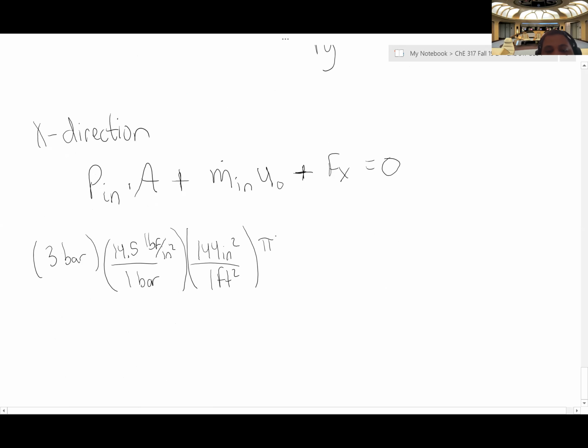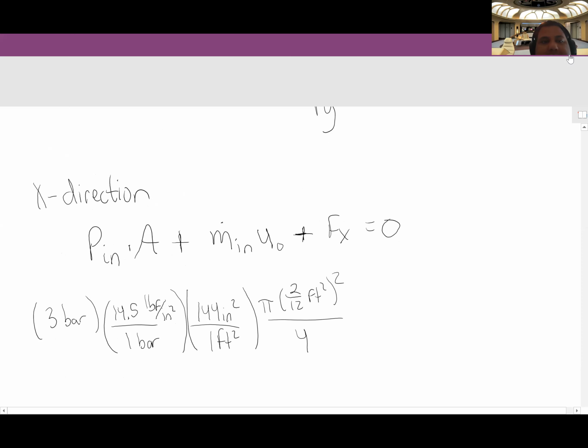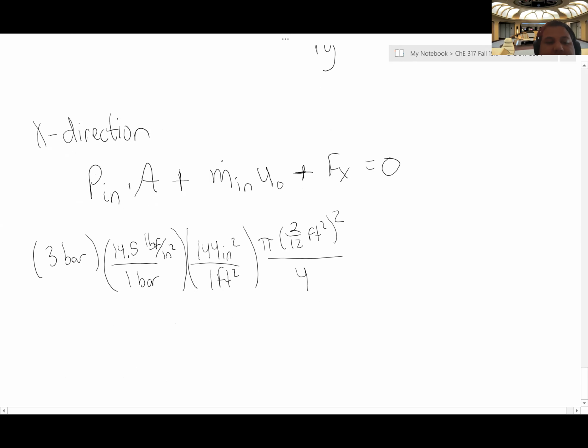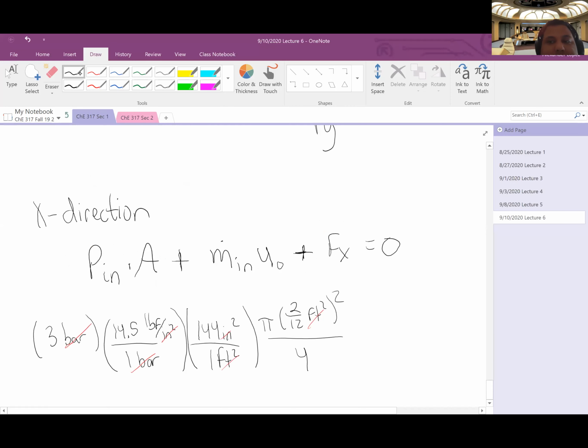So I would have pi times 2 over 12 feet squared over 4. And that would be my pressure times my area force. And doing a quick unit check, the bar goes away, the inches squared is canceled here, feet squared is canceled here, and I'm just left with pound force.